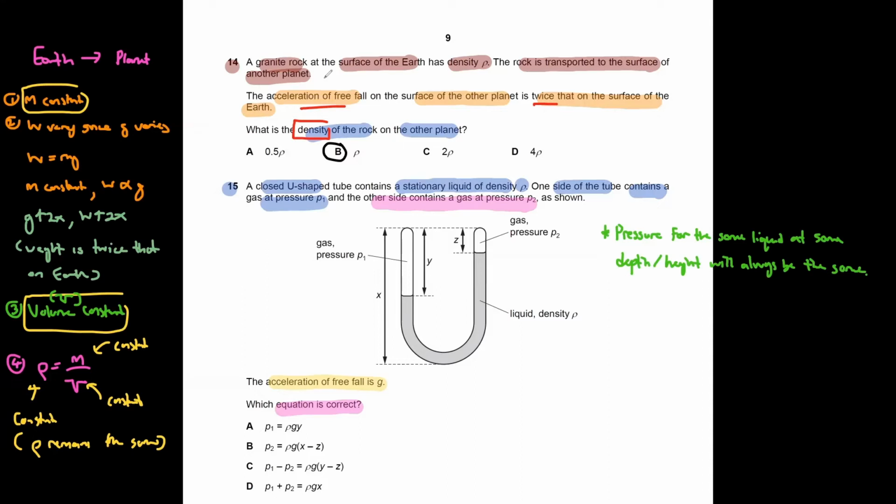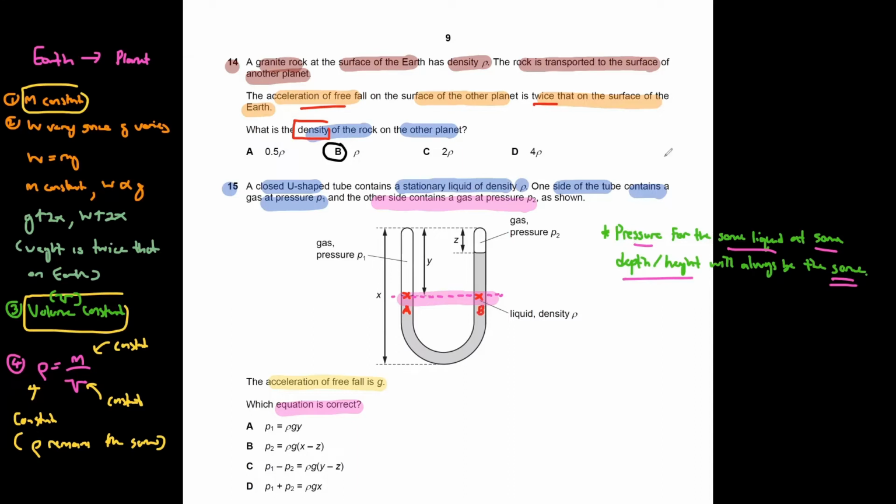Okay, so as long as you're referring to the same liquid at the same depth or height, your pressure would always be the same here. So let's just say, for example, I consider this reference depth. This reference depth here has the same liquid at the same depth, right? Correct. So from here, let's consider this point being point A and this point here being point B.